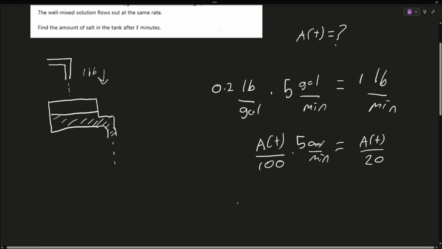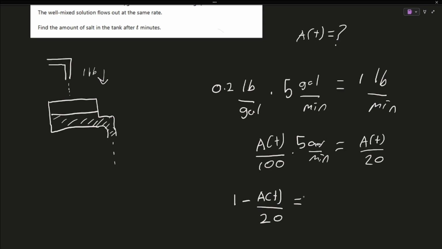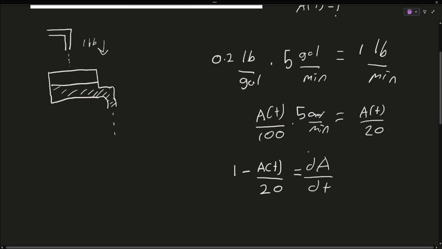So our rate of change will be 1 minus A of t divided by 20 equals dA over dt. And this, guys, is our fundamental first order differential equation. Using this differential equation, we will solve for A and then solve the problem. This is basically modeling with differential equations.